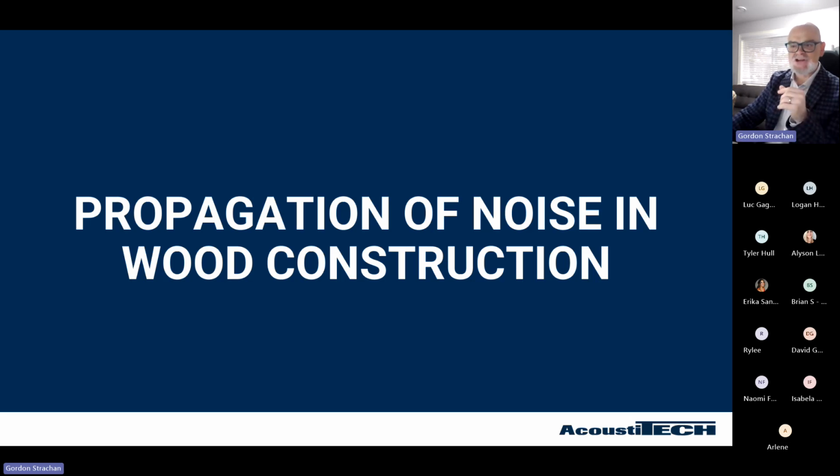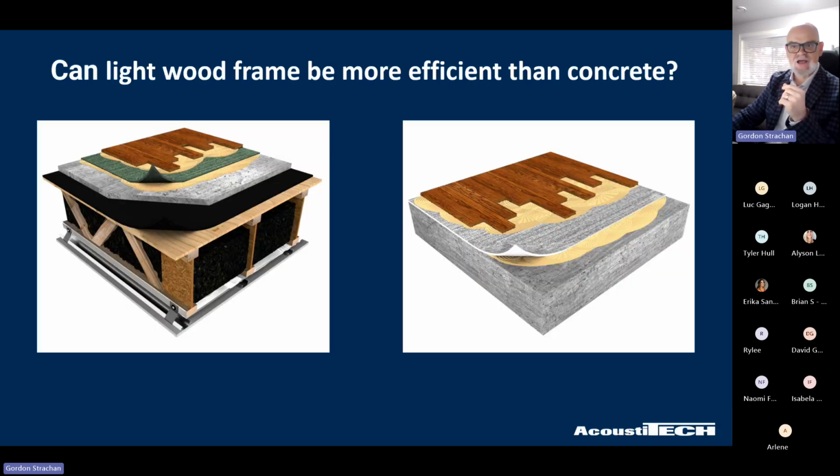So let's talk about the propagation of noise in wood construction. That's kind of the important part, right? Can a light wood frame structure achieve, or be as efficient as, a concrete structure? And the crickets, I know all your mics are muted, but the crickets are true. It can actually do it, but look at all the effort that had to go into that light frame structure to get there.